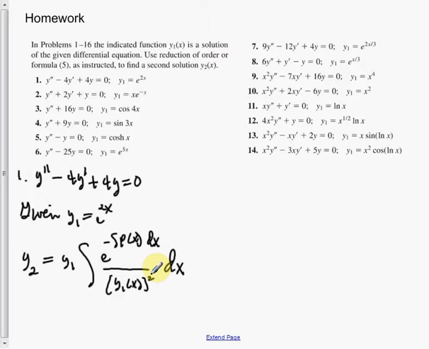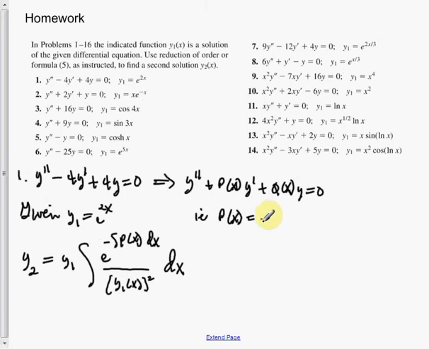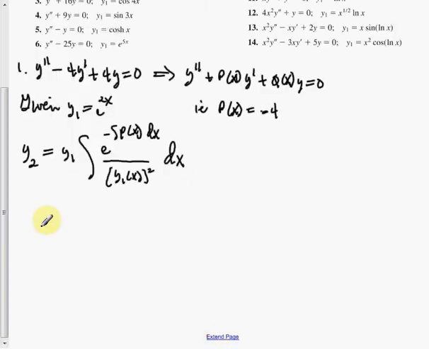So we look at the given problem, and if you match it up, we want the equation to look like this, which it does. So here you can pull out that p of x is equal to negative 4.